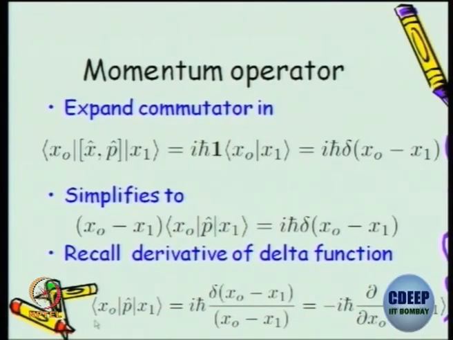So what have we shown here? From here, the matrix element of the momentum operator in the position basis is nothing but minus iħ ∂/∂x0 on the delta of x0 minus x1. So this is what we have shown.